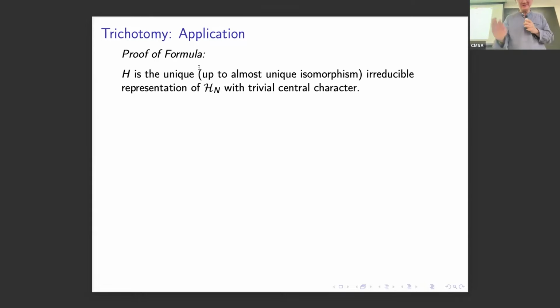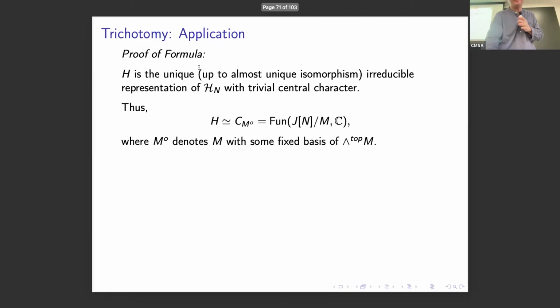Maybe I'll give a quick proof of this formula because it's somewhat amusing. As I said, this vector space of global sections is the unique irreducible representation of the Heisenberg group with trivial central character. So you can also realize it as the functions on the Jacobian modulo this Lagrangian subspace.